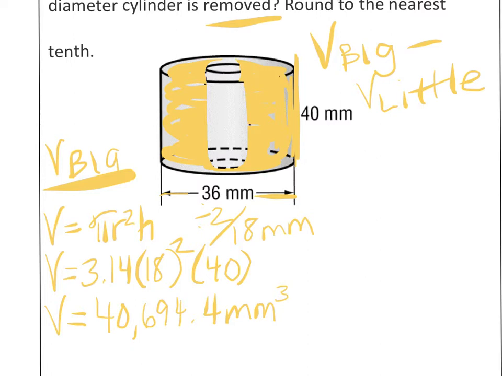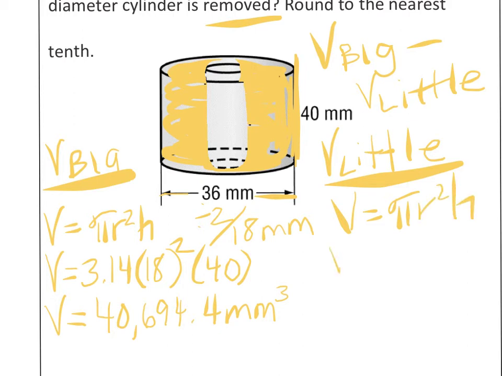Okay, now let's find the volume of our little cylinder. So the volume of our little cylinder is going to be the same formula as the volume of our big cylinder, pi times radius squared times the height.